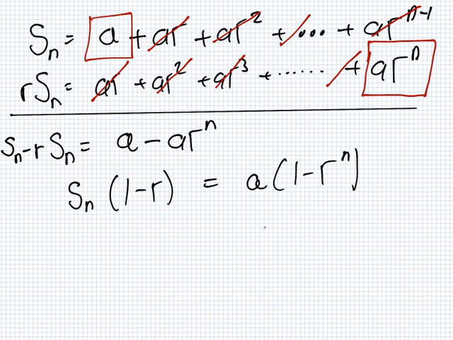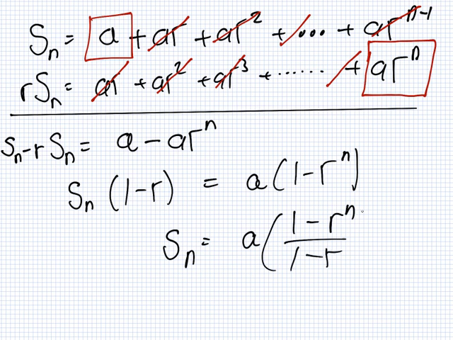So you have Sn(1 minus r) equals a(1 minus r^n), when you factor Sn on the left and a on the right. So you're left with Sn equals a(1 minus r^n) over 1 minus r.